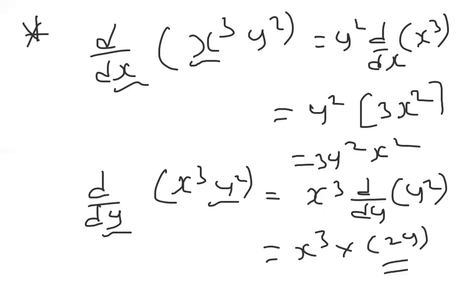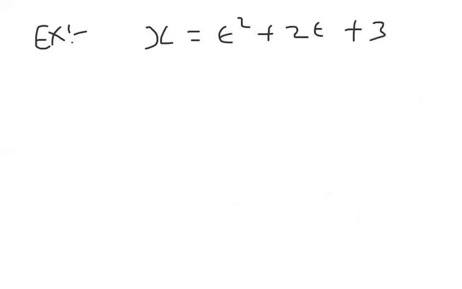Now let's observe some examples. They have given displacement as t square plus 2t plus 3, and they're asking for the instantaneous velocity. Instantaneous velocity is nothing but the differentiation of displacement with respect to time.